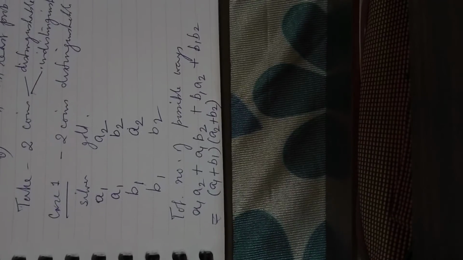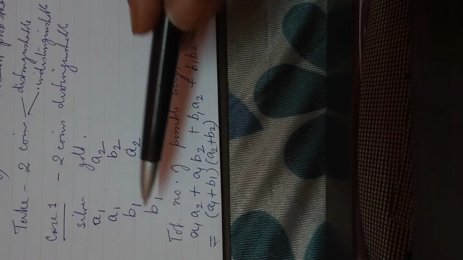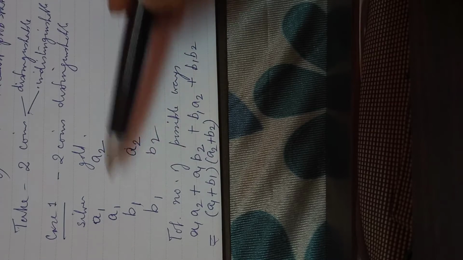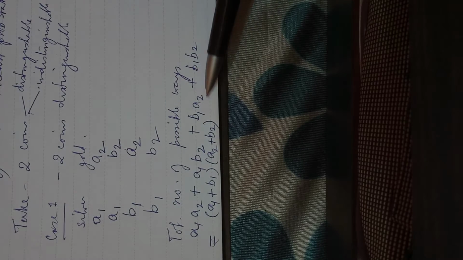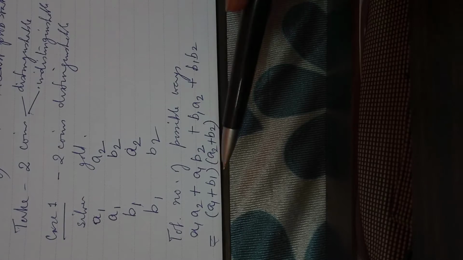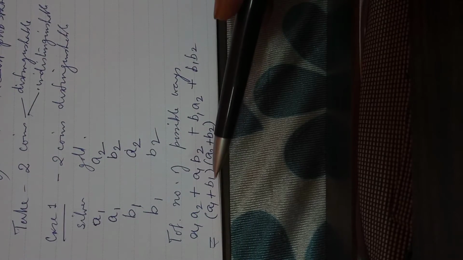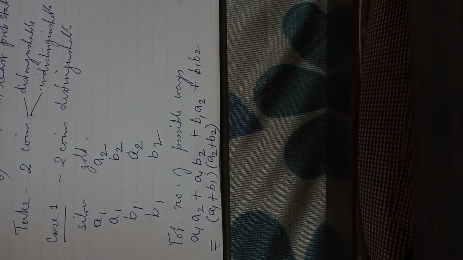The total number of ways is A1 A2, A1 B2, B1 A2 and B1 B2, which algebraically you can write as (A1 plus B1) into (A2 plus B2).